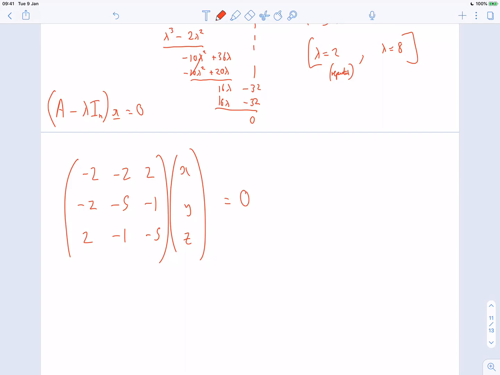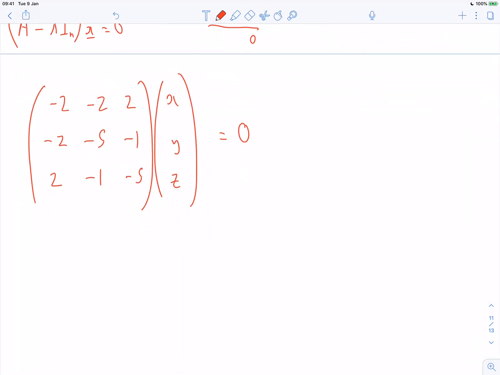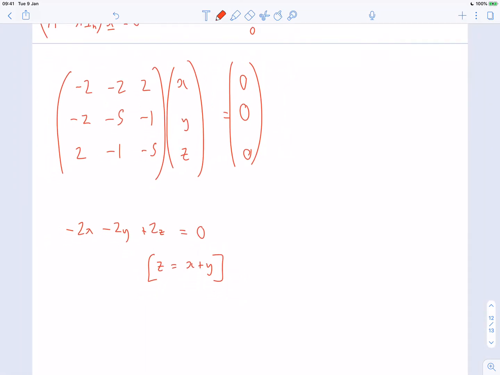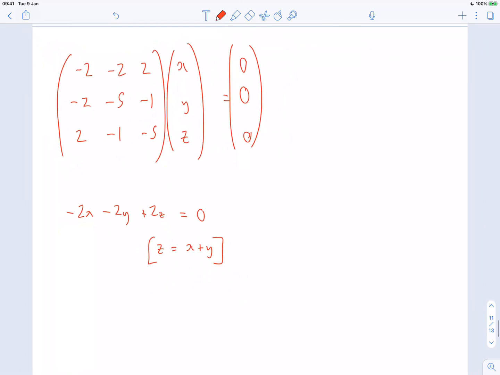Okay, so from the top row, we're going to have minus 2x minus 2y plus 2z, expanding this out, equals 0. And by the way, this is the 0 matrix, like that. Okay, if I add x and y to both sides, hopefully you can see that x plus y equals z. Okay, and then if I look at the next line, I've got minus 2x minus 5y minus z equals 0.